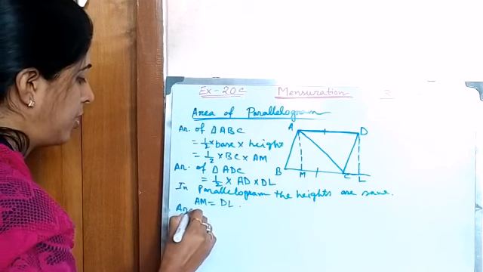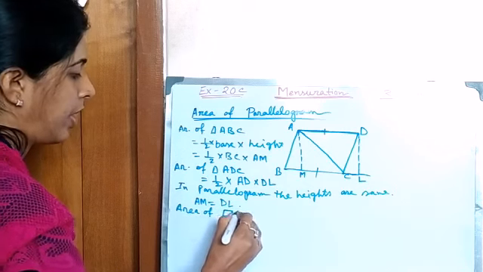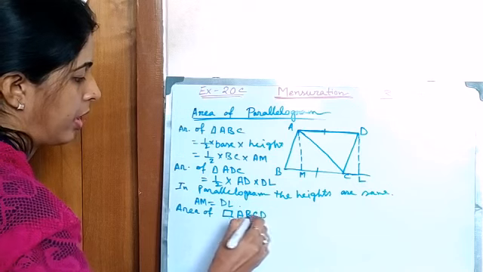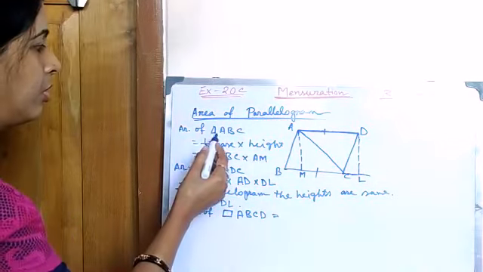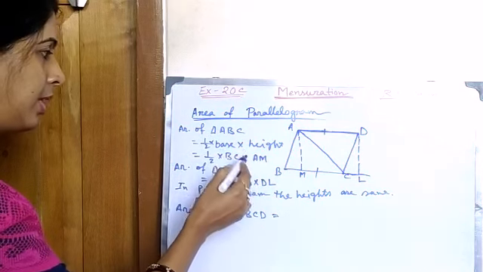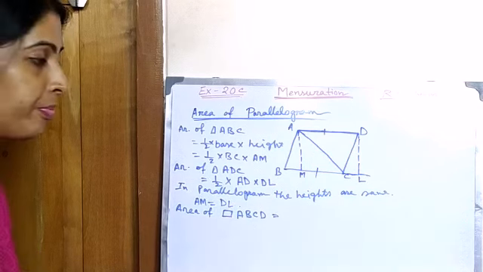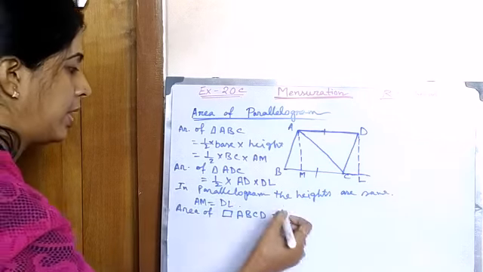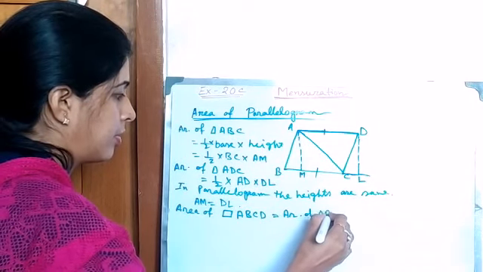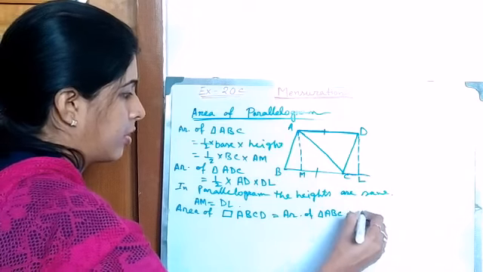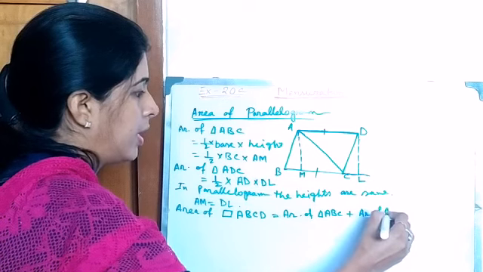So the area of parallelogram ABCD equals the area of this triangle plus the area of this triangle. So I write area of triangle ABC plus area of triangle ADC.